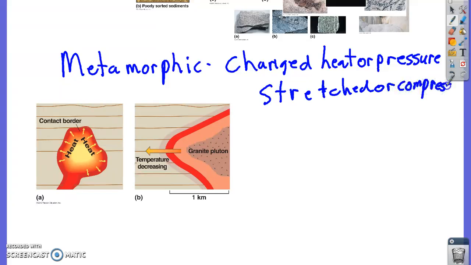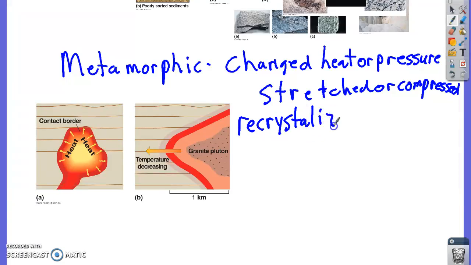Sometimes the layers get pushed even closer together, kind of like we talked about happening in sedimentary rocks, but even more extreme. They may recrystallize. Even though they don't actually melt, the crystals may change and reform as different kinds of crystals. We tend to think it's got to melt to change its crystals, but actually, if there's enough heat and pressure, it can cause it to change, even though it doesn't technically melt.